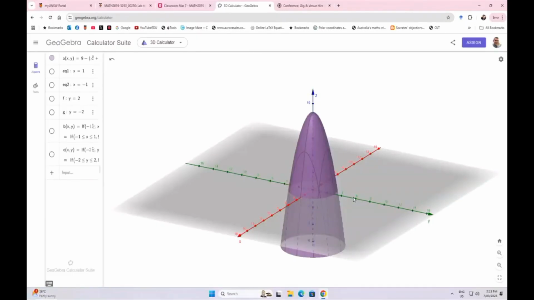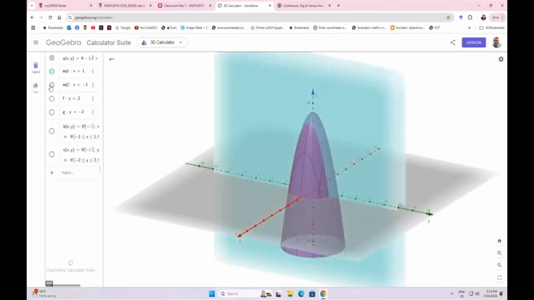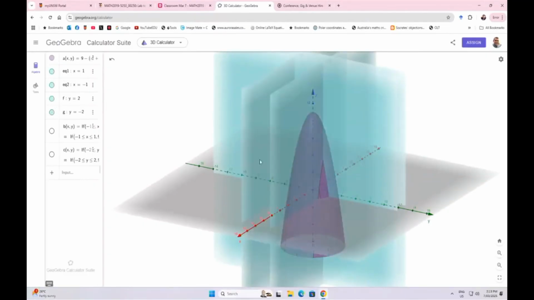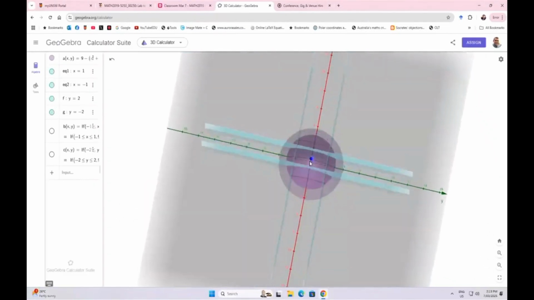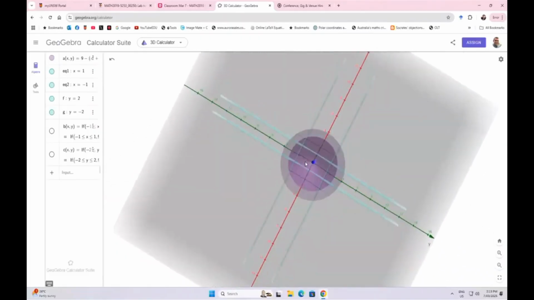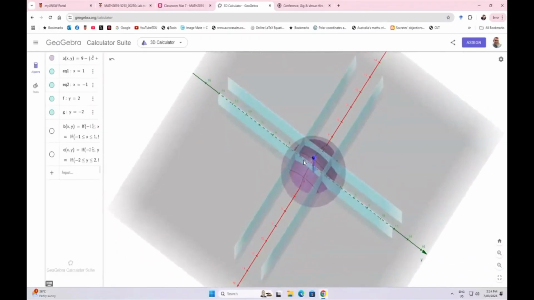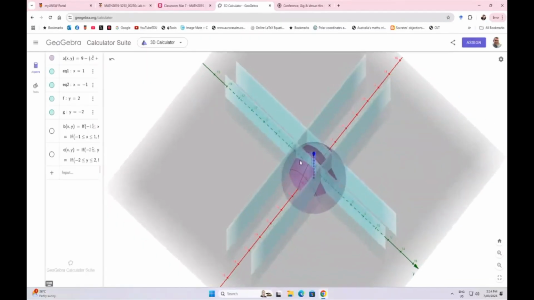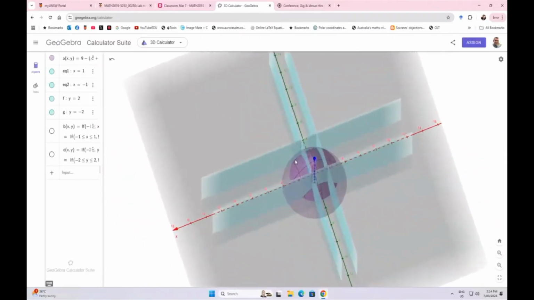So what can we do? Well, you can take a bunch of these planes and smash them into the surface. So in the xy plane, that'll form some sort of rectangular base. Okay?